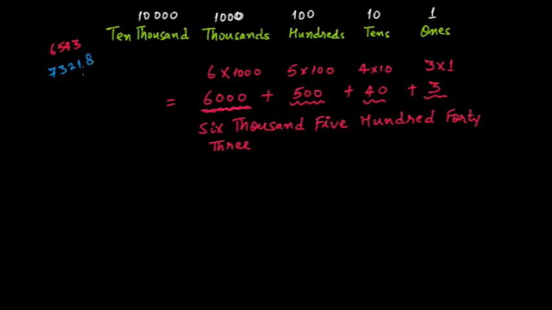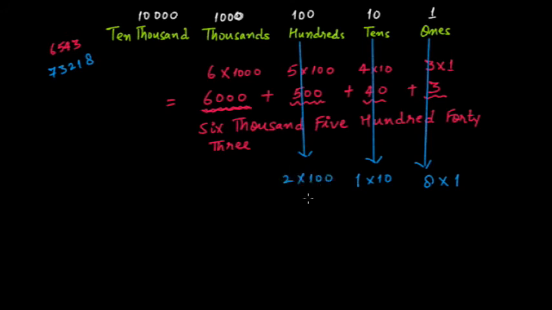Now suppose you have the number 7, 3, 2, 1 and 8. This time we have a 5-digit number. At the ones place will be 8 multiplied by its value. At the tens place will be 1 multiplied by its value. At the hundreds place will be 2 multiplied by its value. At the thousands place will be 3 multiplied by its value.